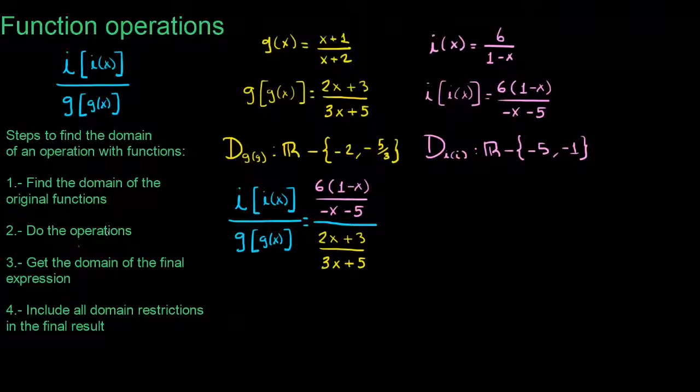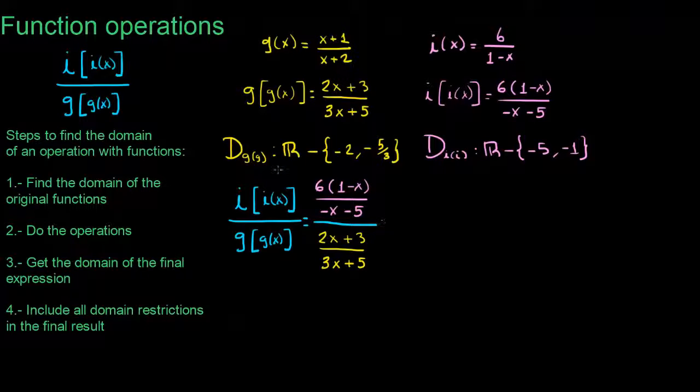Now we are actually in the second step here, which is doing the operations. But first, before going any further, because the next thing will be to do this sandwich rule and multiply here in order to solve this out.